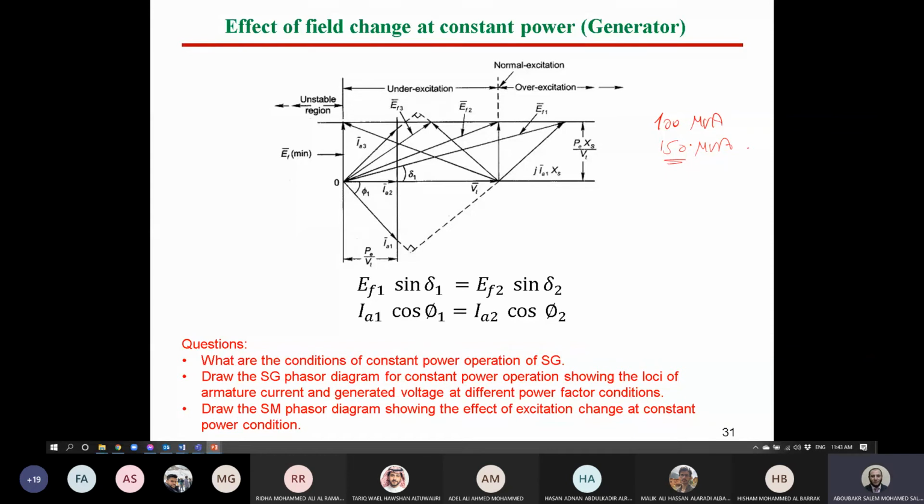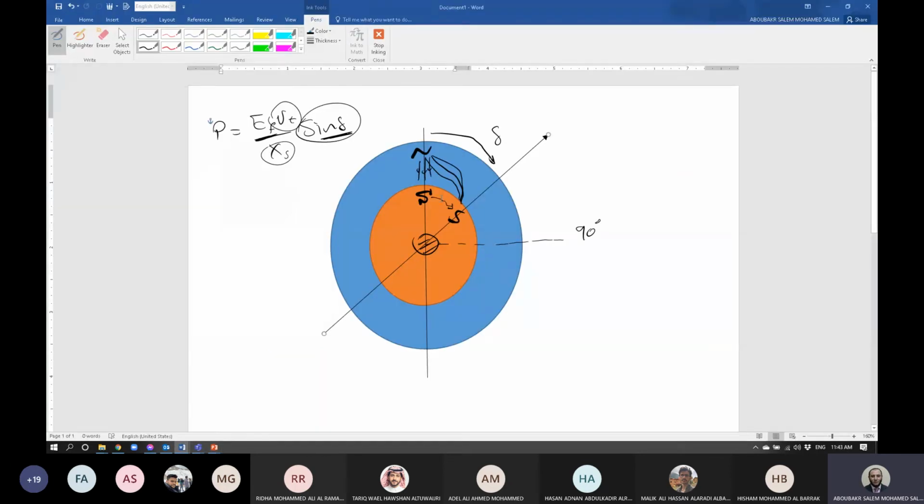Right or wrong? We agreed on the figure we already made here in Word. Here, due to load increase, delta will be increased. Right or wrong? Yes, right. So what will happen if delta is increased without changing the excitation voltage? Power will be increased. The power will be increased.